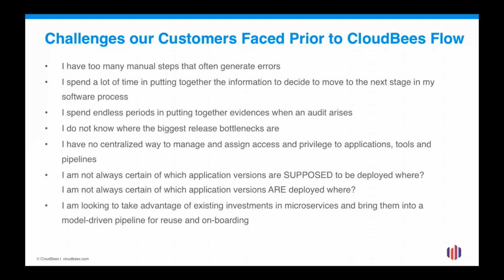So there are a lot of questions like this that our customers were facing, and we provided a solution that we will detail today, CloudBees Flow, which gives you complete control of these DevOps processes.